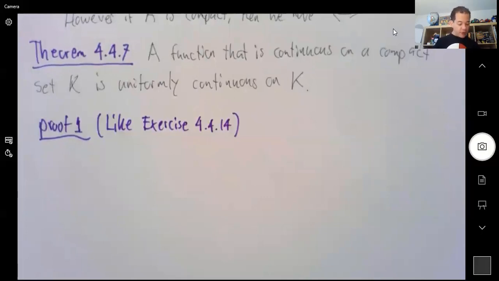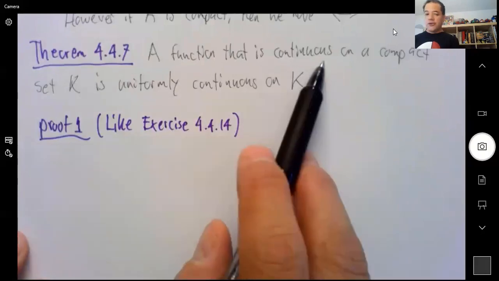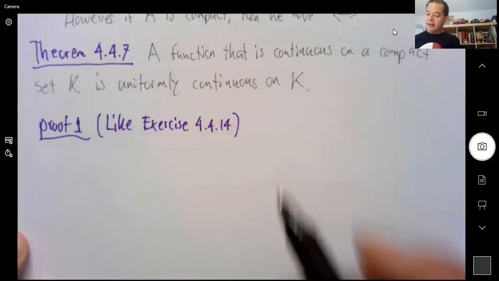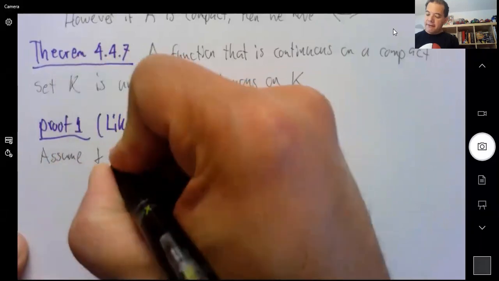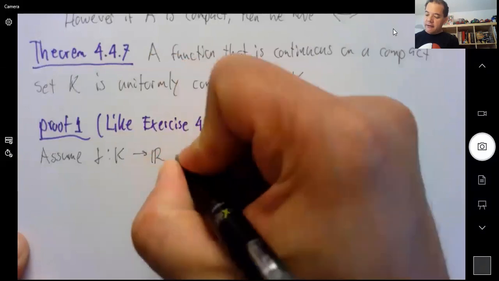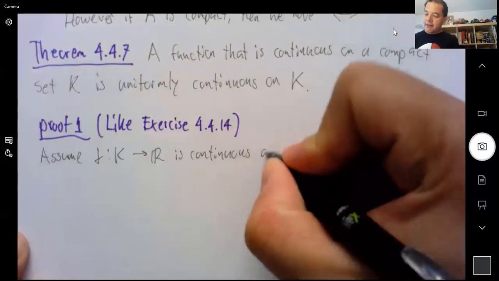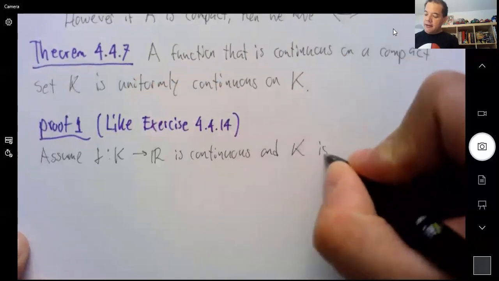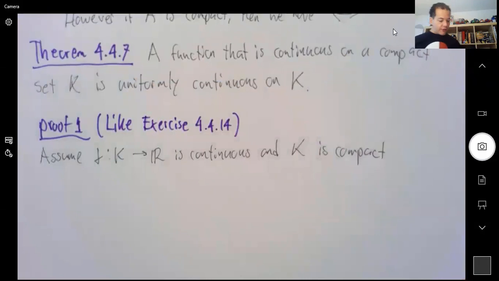That's the property we're going to use. So let's do it. What do we have? We have a function continuous on a compact set K. So assume f from K to R is continuous and K is compact.